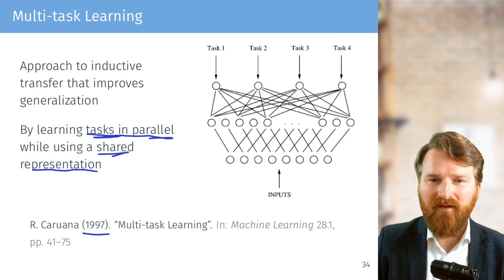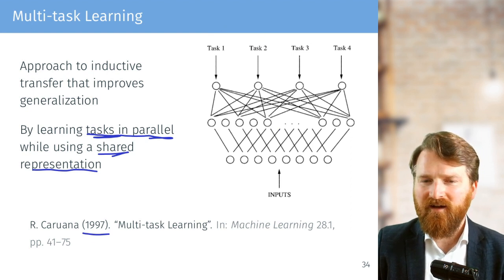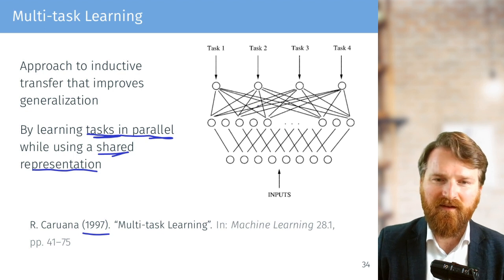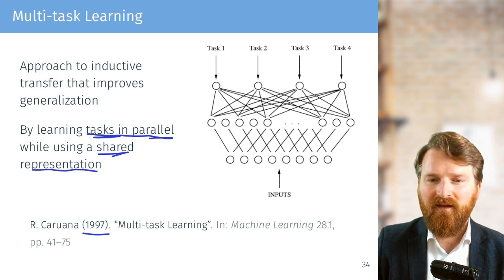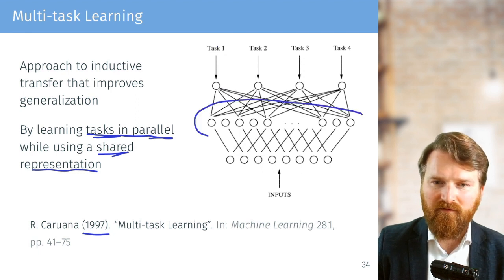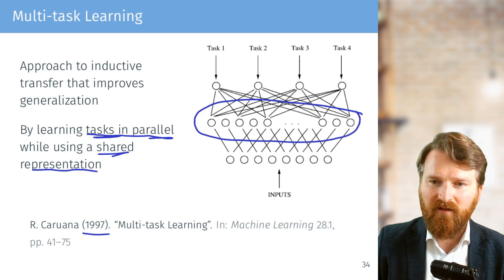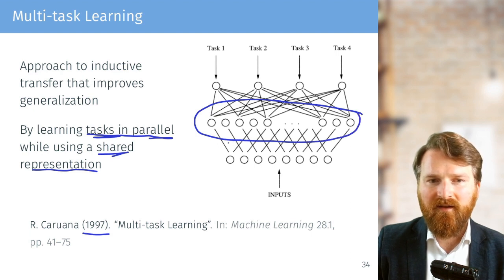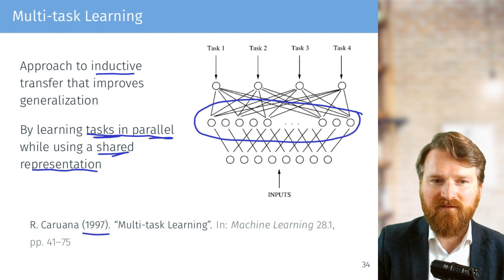And this could be named entity recognition, and this could be sentiment classification and so on. It doesn't make sense in this architecture, but you have some ideas. Well, different tasks, and we can train them one after each other or in parallel while using some sort of shared representation in the middle. And the idea is that we help with inductive transfer.